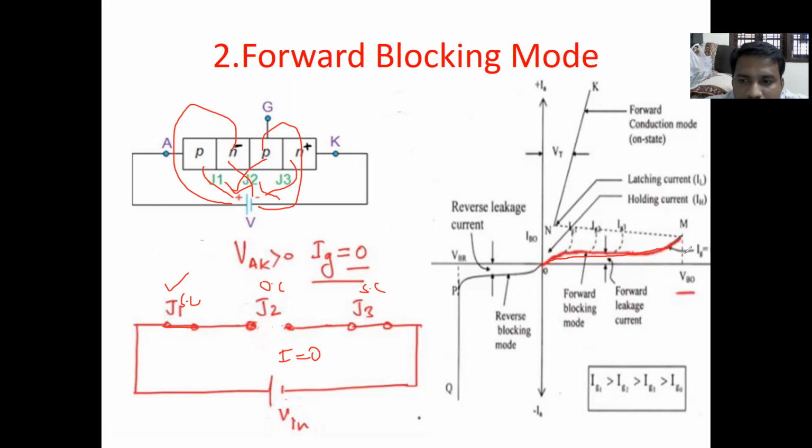But after some time, if I keep on increasing the voltage, at some stage breakover takes place. That means when it becomes short circuit, J2 is replaced by short circuit. If it is replaced by short circuit, voltage drop will be reduced.